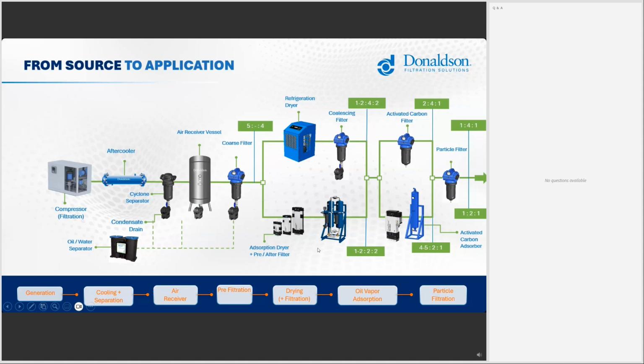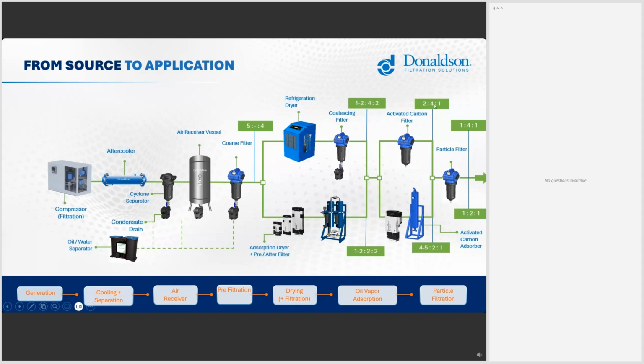For larger systems, such as heated dryer systems, the filters are installed separately from the dryer in the compressed air system. And in the next stage, you also need to decide whether to go with an activated carbon filter or with activated carbon adsorbers.